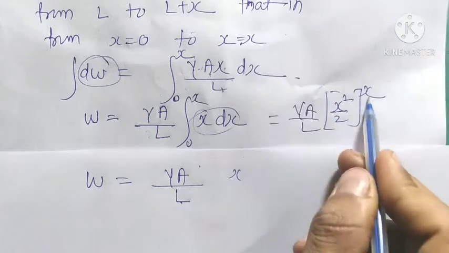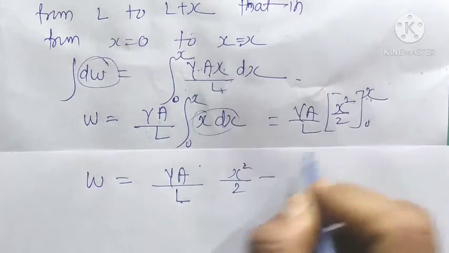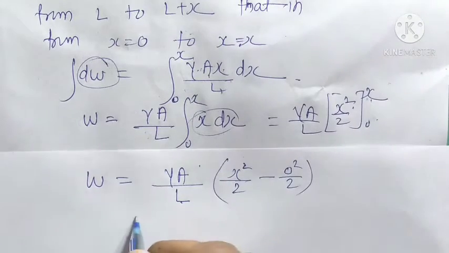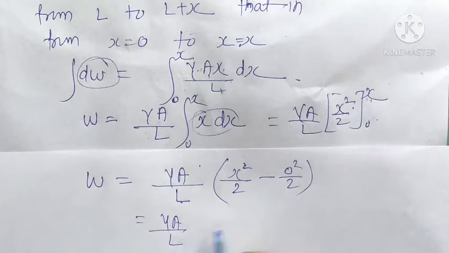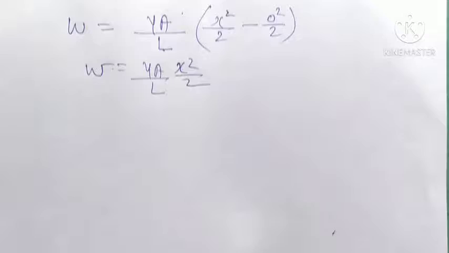Firstly we put the upper limit value, x square upon 2, and then the lower limit value, 0 square upon 2, which becomes 0, so finally x square upon 2. This is the value of work done.